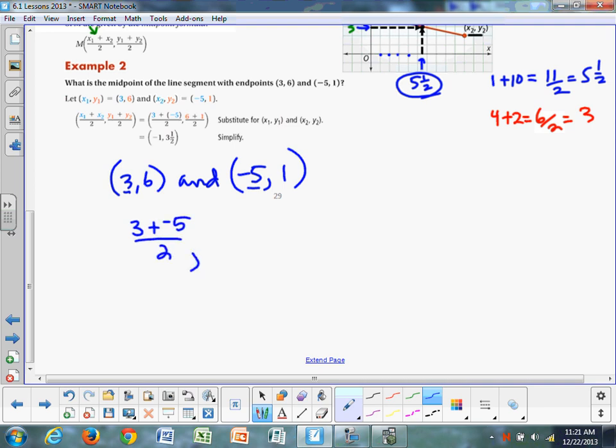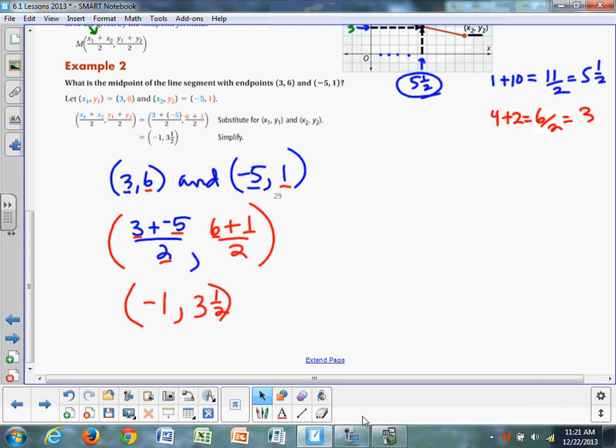Halfway between 6 and 1 on the y-axis is 6 plus 1 divided by 2. And that will be the coordinates of the midpoint. Now we can just simplify that. 3 plus -5 is -2, divided by 2 is -1. 6 plus 1 is 7, divided by 2 is 3.5. So that's how you find the midpoint.